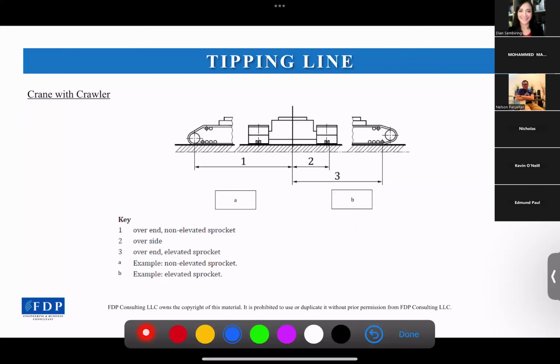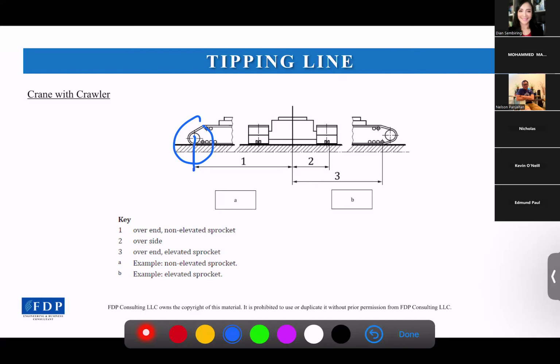And the next one is crane with track or crawler. There are two types of track we see here. One is track with non-elevated sprocket. For this type, the longitudinal tipping line will be drawn from the center of its sprocket here. And the other one is the elevated sprocket.